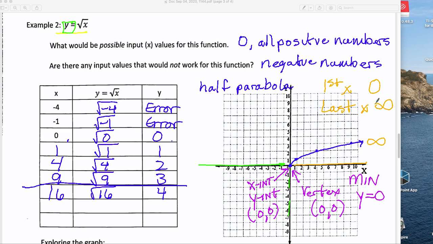Okay, let's clean some more of this up. Wish I could make the eraser bigger. Okay, we find the first and last values for y by reading from the bottom to the top.